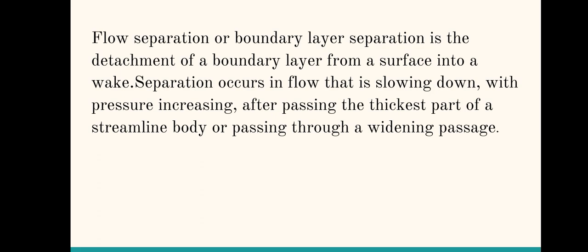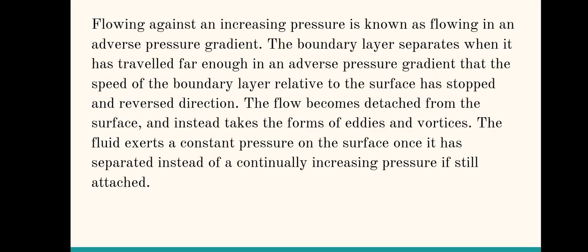Separation occurs in flow that is slowing down with pressure increasing after passing the thickest part of a streamlined body or passing through a widening passage. Flowing against an increasing pressure is known as flowing in an adverse pressure gradient.